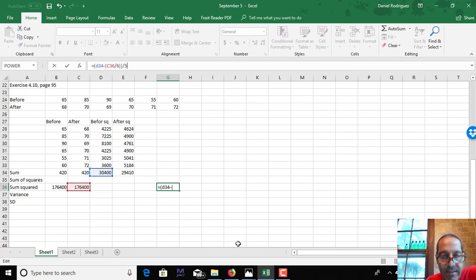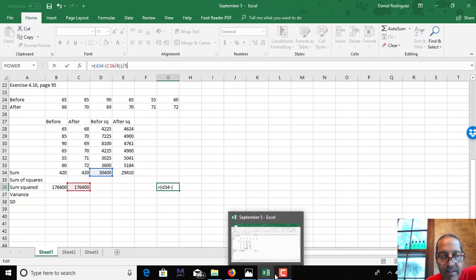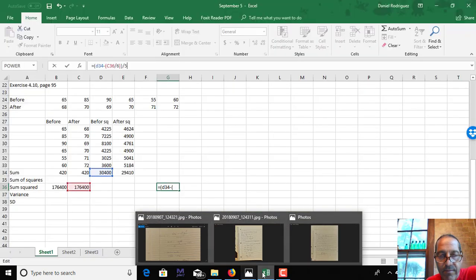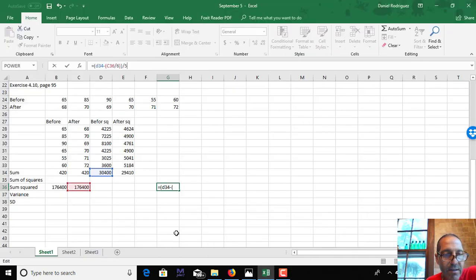So I need that. I need the square, take the sum of all the values and square them. Let's see, do I have that? The sum of all the values and square them is actually right here.